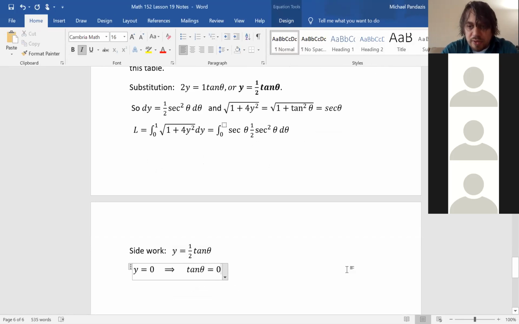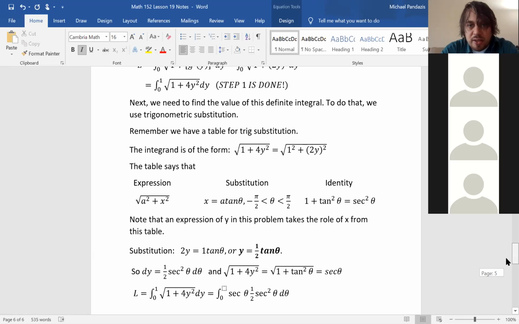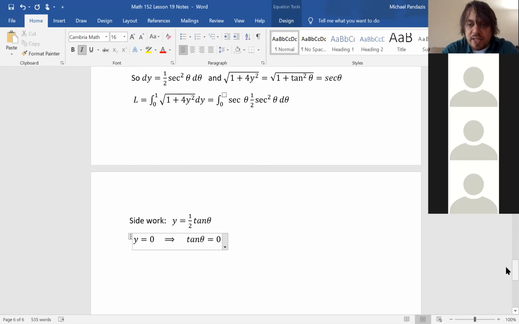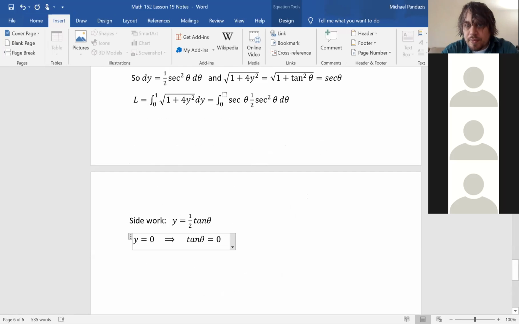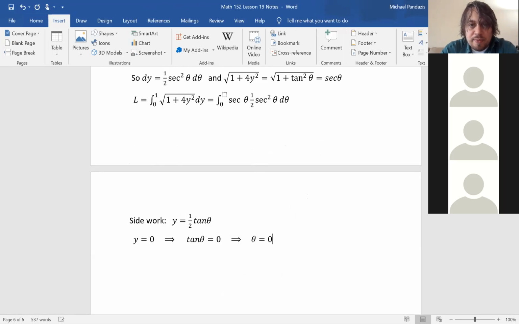Remember, according to the table, we use this range of theta values. The only time tan theta is 0 in that range is when theta is 0. That implies that theta equals 0.